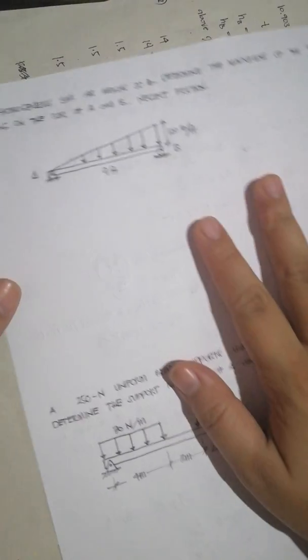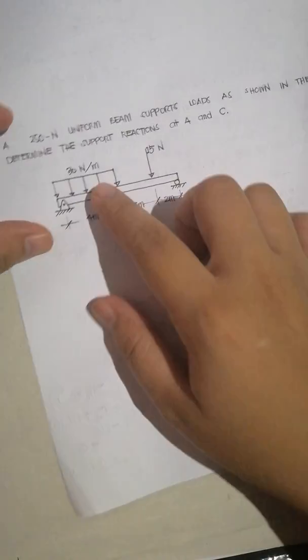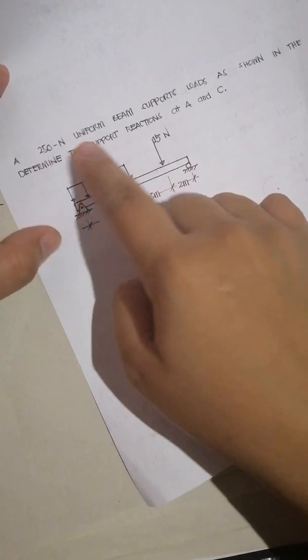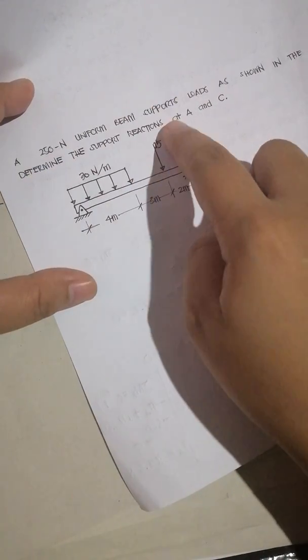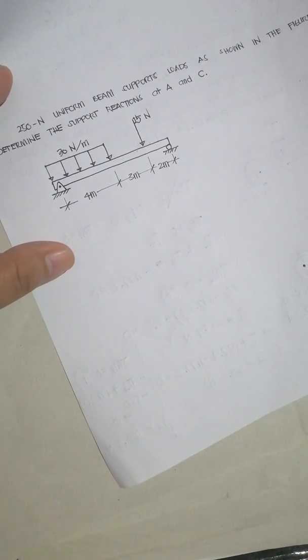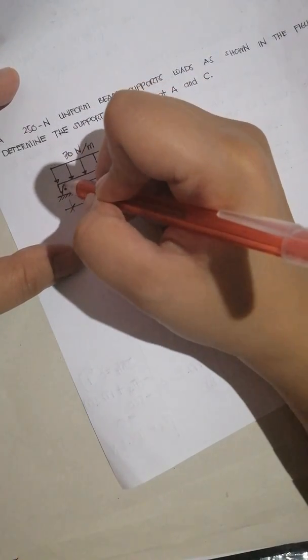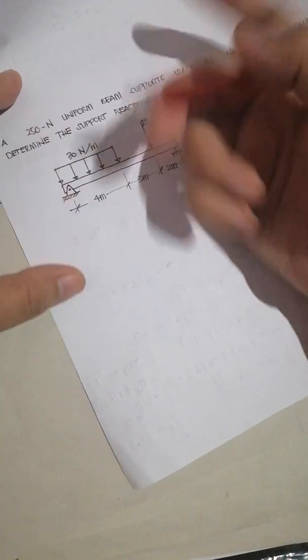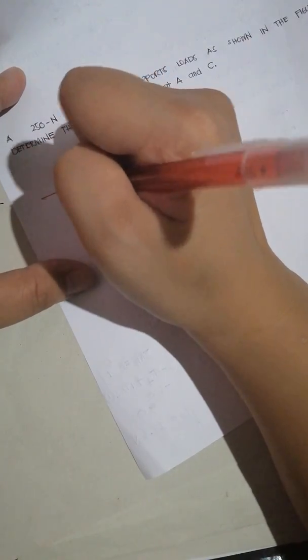Next, we have this example. A 250 newton uniform beam supports loads as shown in the figure. Determine the support reactions at A and C. Remember, for every pin support or hinge support, there are two support reactions: one perpendicular to the surface and the other parallel to the surface.